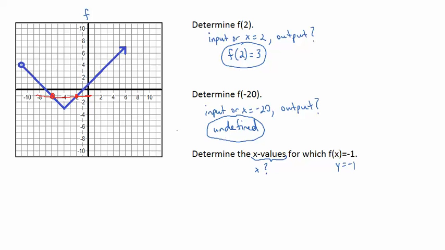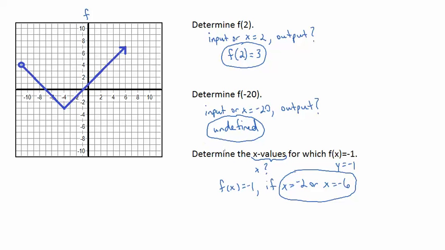The question is, what are those x values? Well, the x values are negative 2 and negative 6. So f of x equals negative 1 if x equals negative 2 or x equals negative 6.